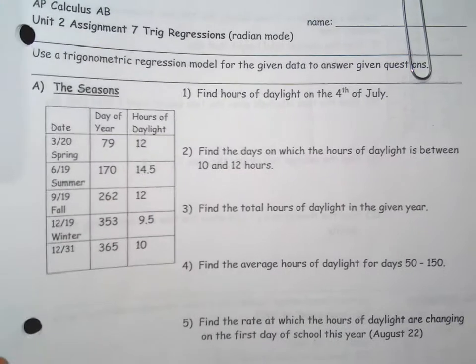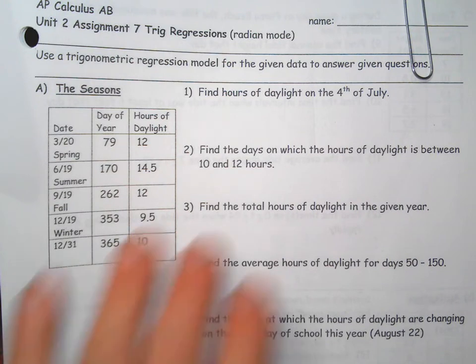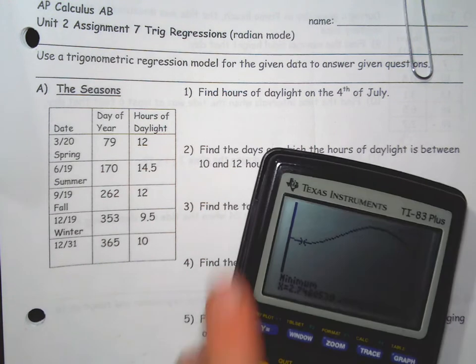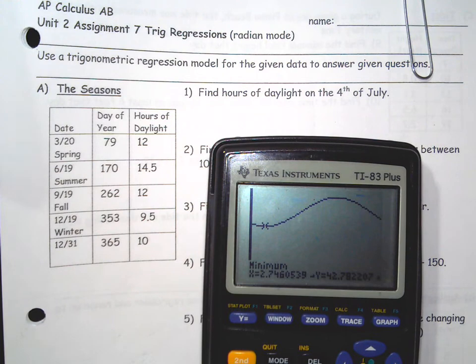What you might want to do is store each equation in y1, y2, y3, y4, and turn them off, so that if you get stuck on anything here, you still have the equation and you don't have to redo it, like tomorrow when we go over the homework. Okay, so why don't we go ahead and start the first one together?